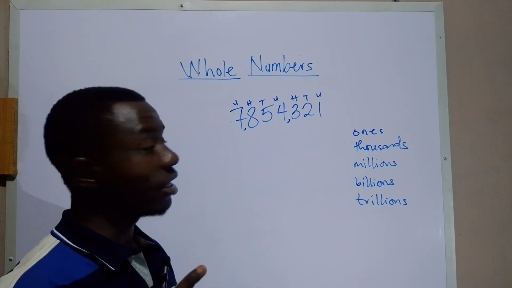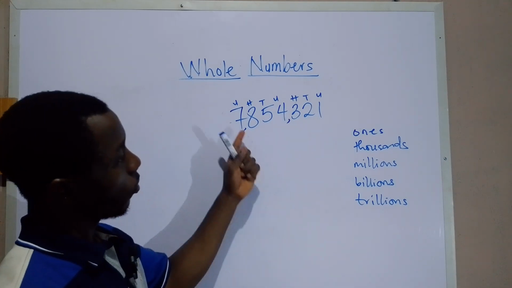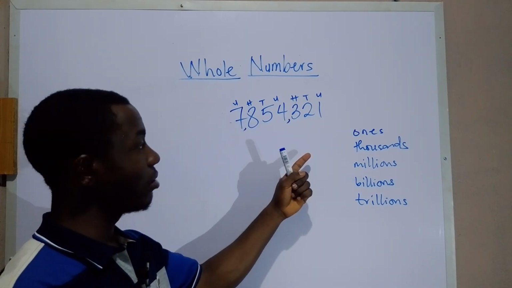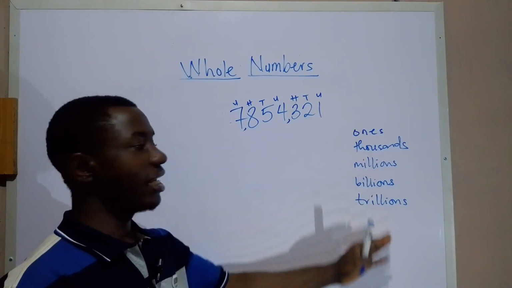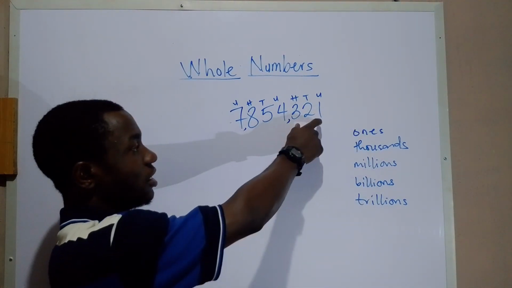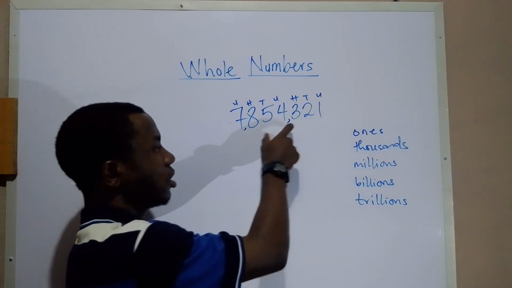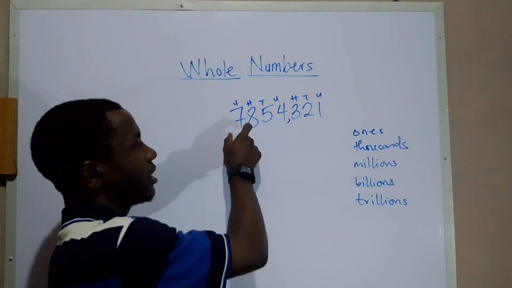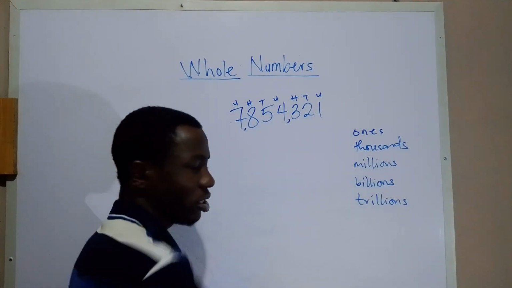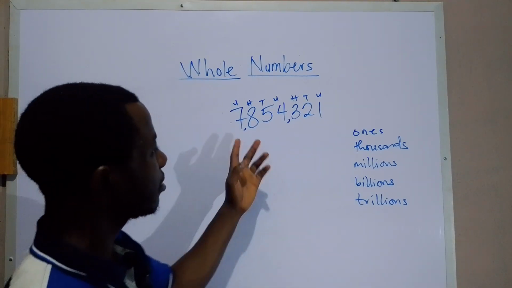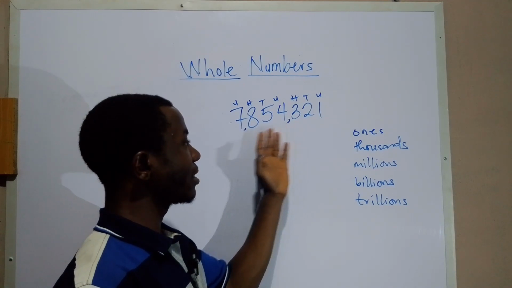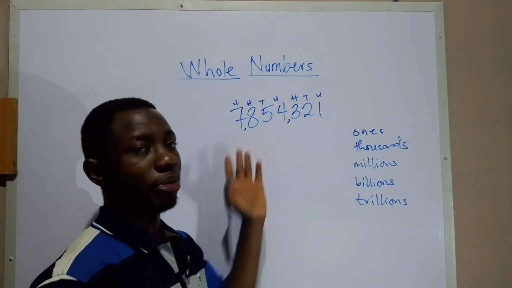Now, there is something very important to note. When determining the place value of the digits, we always take into consideration the name of the period. This period is the ones period, this period is the thousands period, and 7 falls under the millions period. To make our life easier, we can say these commas will represent the names of the periods.